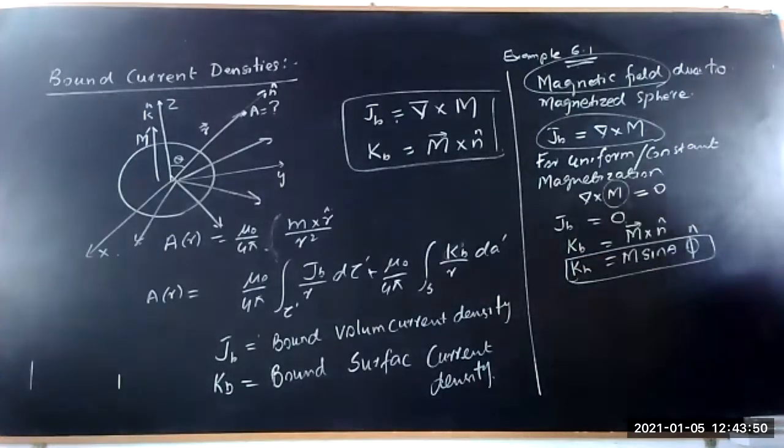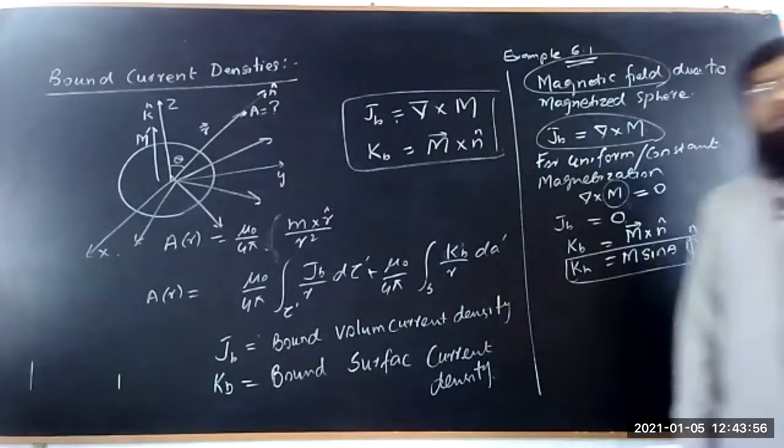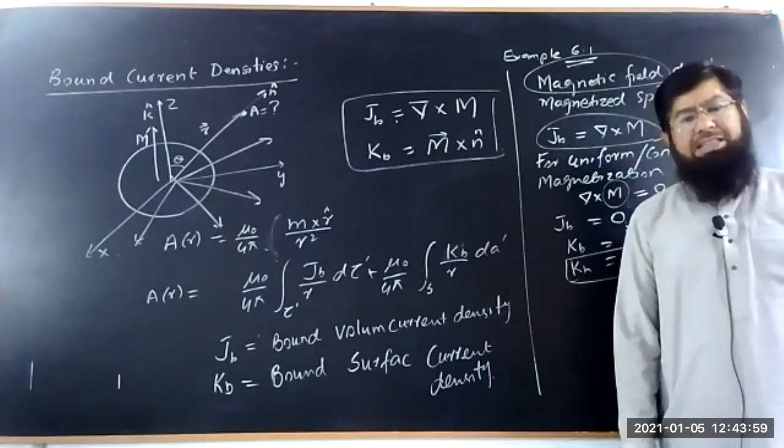Now we know that in chapter number 5, we have seen the magnetic field due to the magnetized sphere.